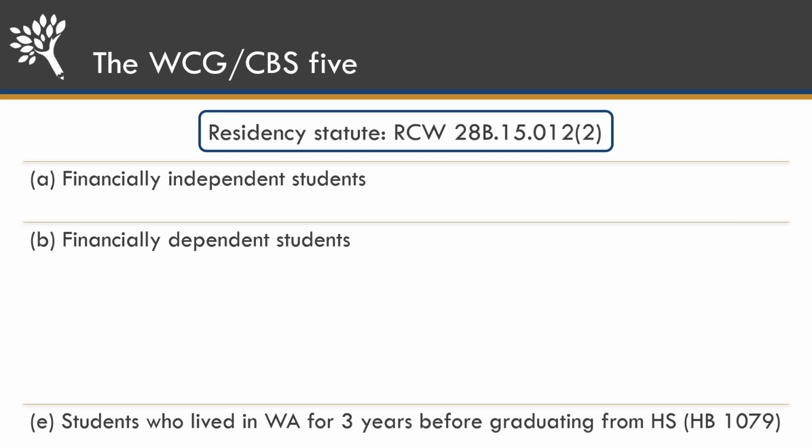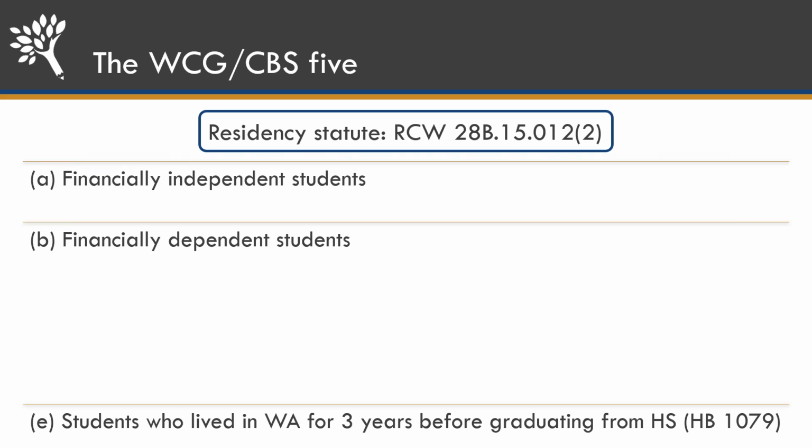I'm not just talking about WASFA filers at this point. This is any student. Also, you'll definitely not see the other 2 very often. And again, students who meet these 3 meet the residency requirements for College Grant, College Bound, and all other residency requirements for other aid programs.